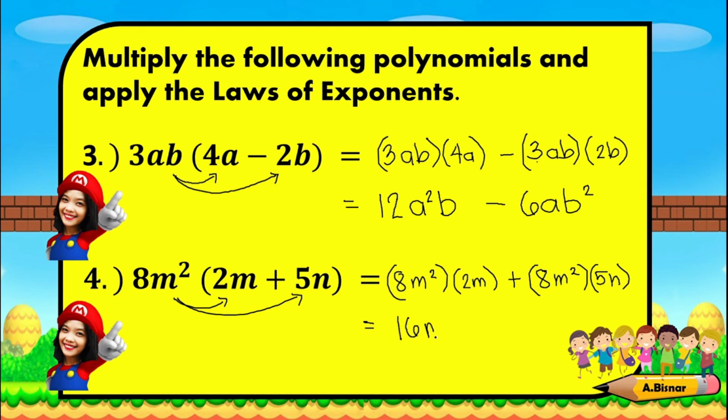Then let's add the exponent of m. 2 plus 1 is 3. Plus 8 times 5 is 40. Since the variables or the literal coefficients are not the same, we'll just copy m squared and n. So the final answer will be 16m cubed plus 40m squared n.